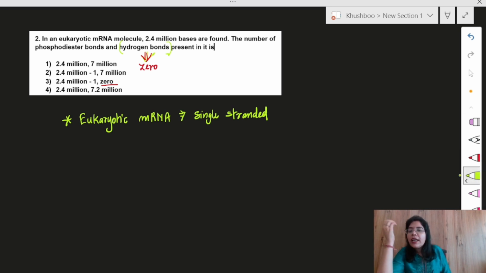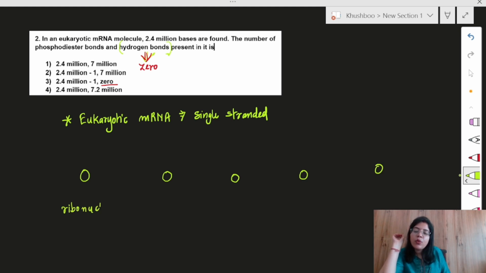Then after that, if you have 2.4 million bases in your RNA, how many phosphodiester bonds are required to connect it? You can understand it like this. Let's suppose this is 1, 2, 3, 4, 5. These are 5 ribonucleotides.